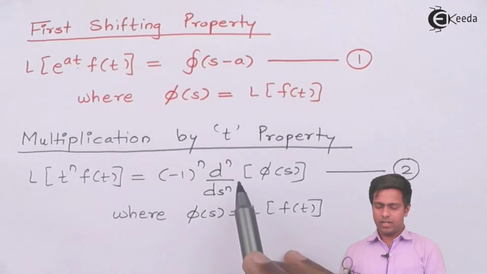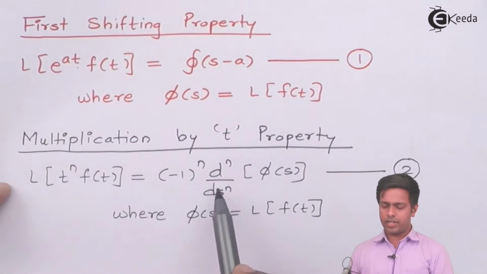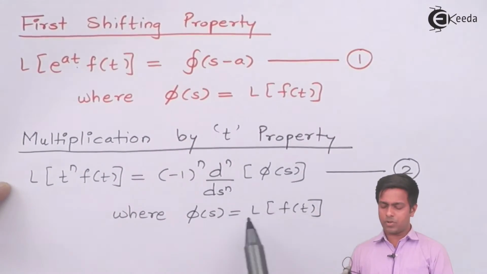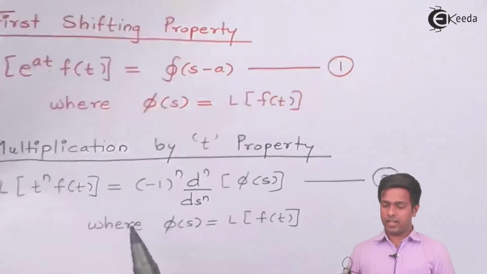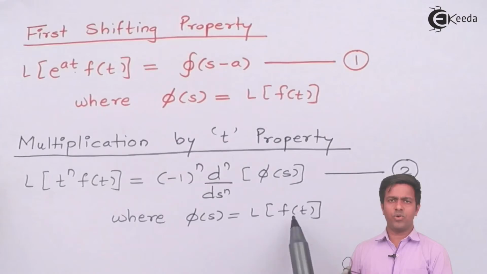So accordingly here now I have t square, so this will become (-1)^2 d^2/ds^2 phi of s, and phi of s is Laplace of f of t, and f of t in our case is sin t, so that will be Laplace of sin t. So let's apply it.